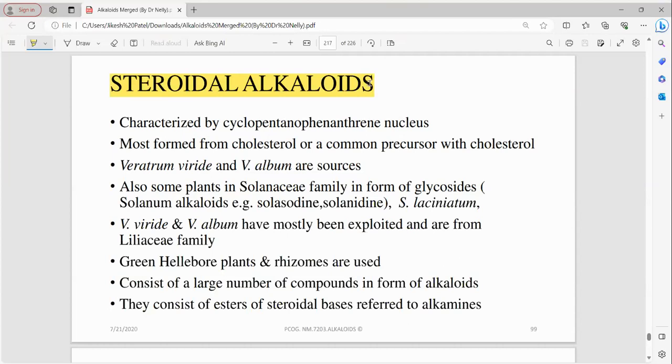Then finally, theobromine, which is majorly used in flavoring of chocolate.